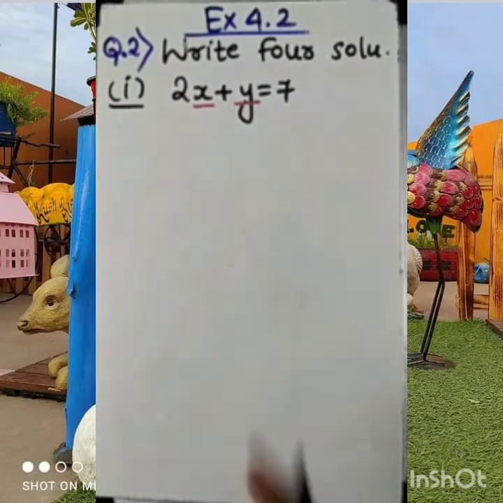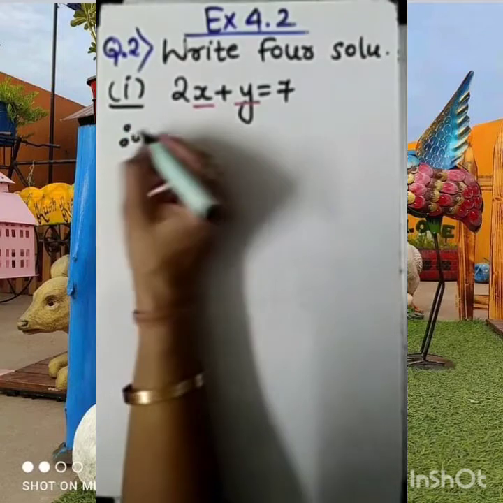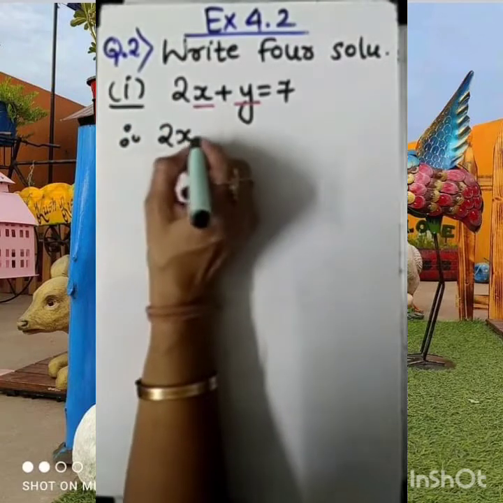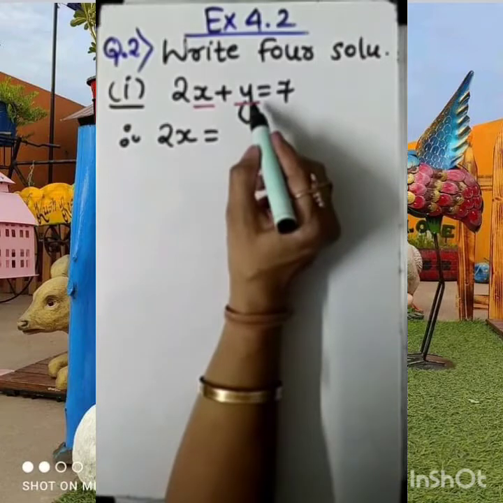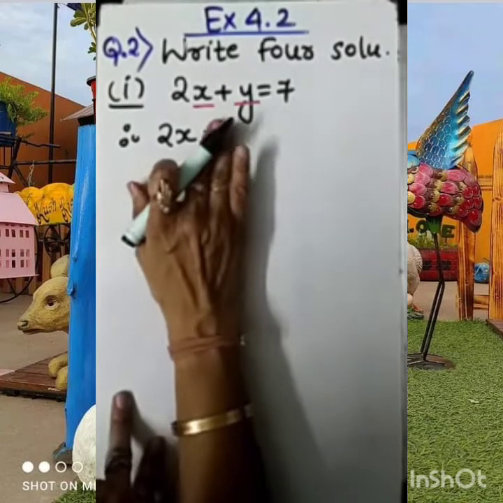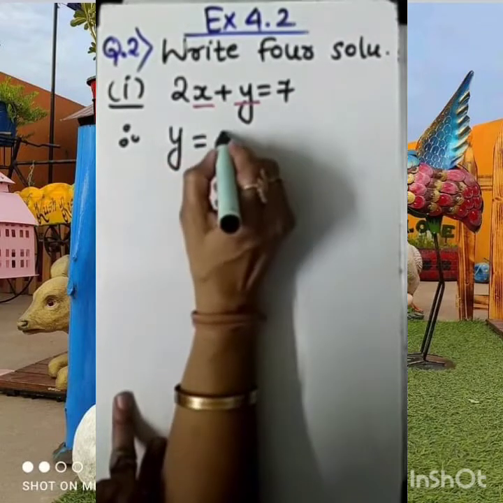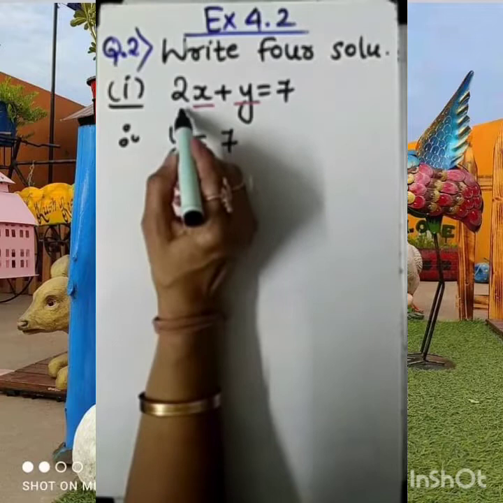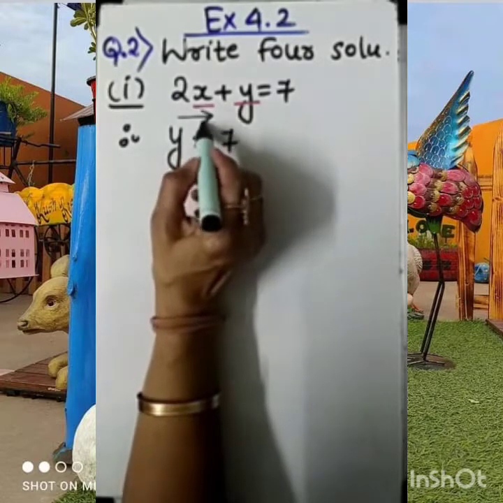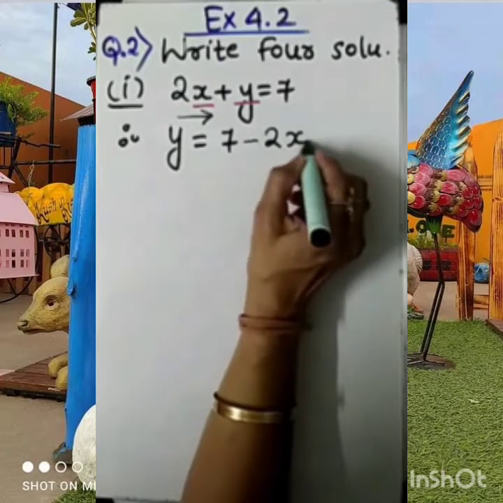So in this linear equation, what are we going to do? I am making y the subject. I want to make y the subject. For that, I am keeping y on this side, and 7 is already there. You can see this 2x I am shifting, or transposing, to the right side. So it will give the result minus 2x.